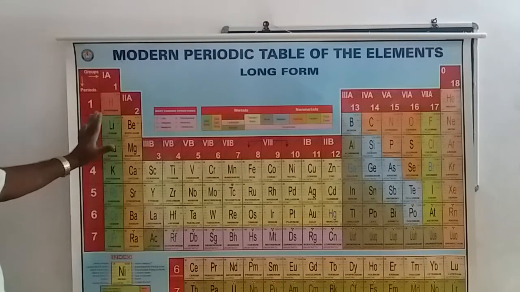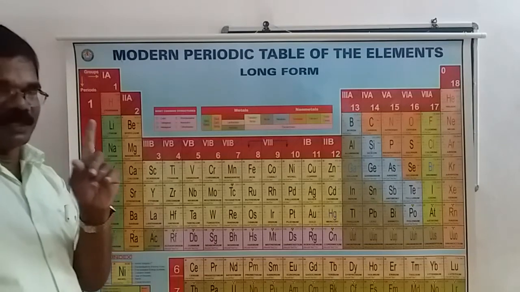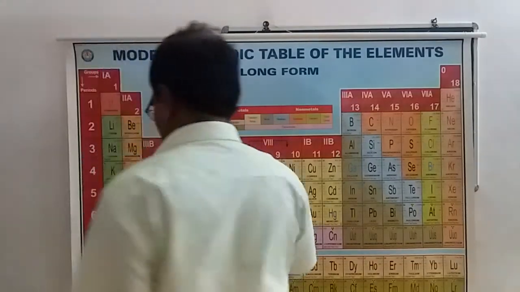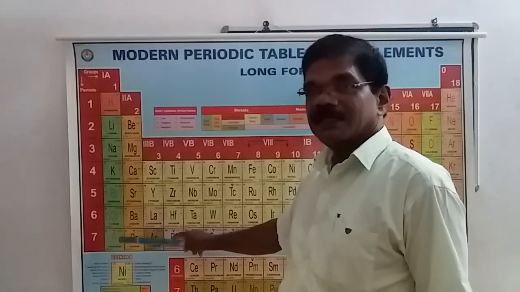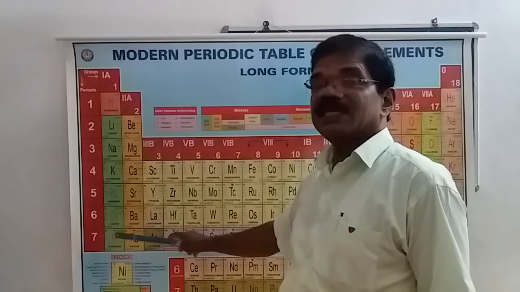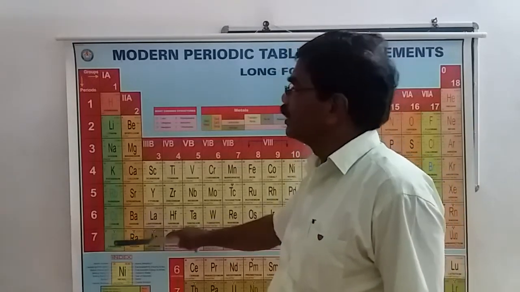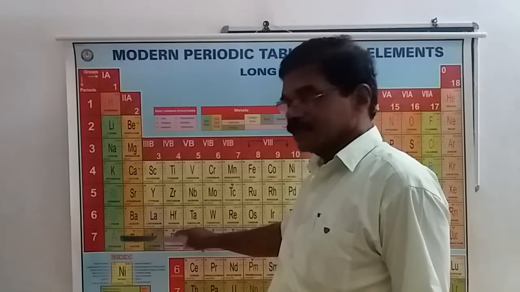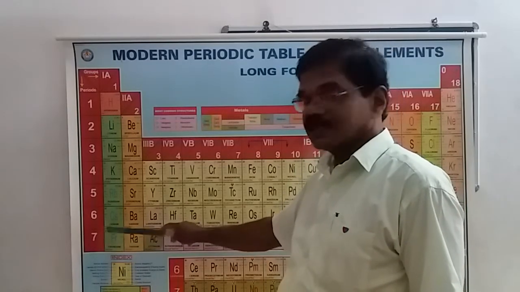So we came to the conclusion: which is the biggest atom among the elements? Francium. You can note it down in the periodic table. The biggest atom is francium. It is the most reactive metal. Since it is the biggest atom among all the elements, it has the greater tendency to lose electrons.